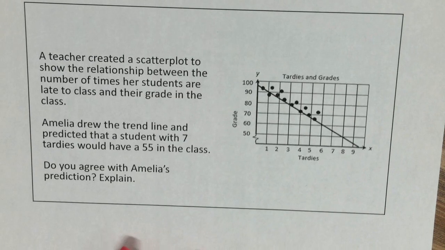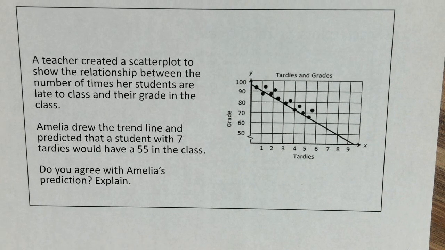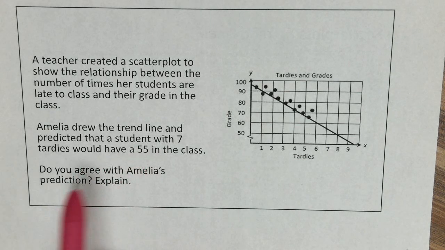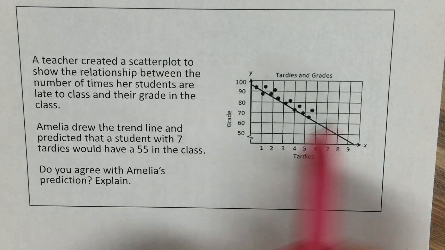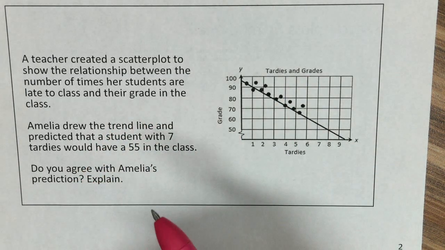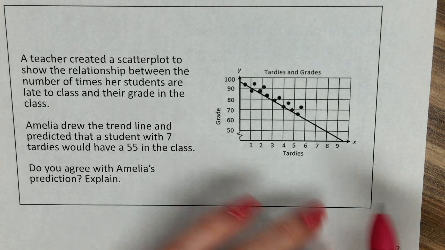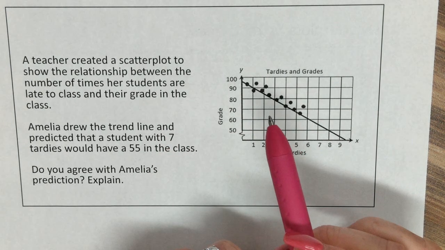All right, let's talk about this one. A teacher created a scatter plot to show the relationship between the number of times their students are late in class to their grade in class. Amelia drew the trend line and predicted that a student with 7 tardies would have 55 in the class. Do you agree? Look at her trend line. Did she draw a good trend line? No. What is wrong with this trend line?